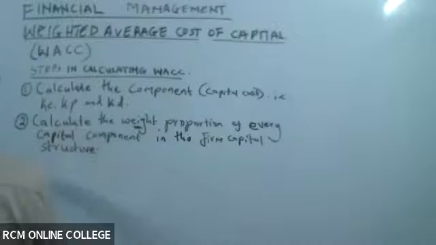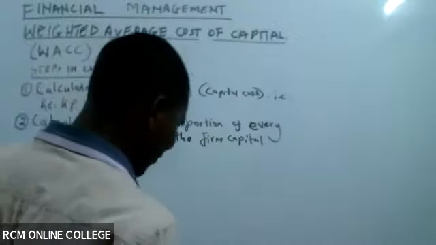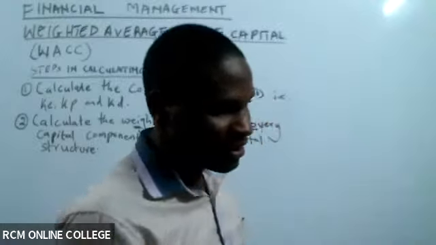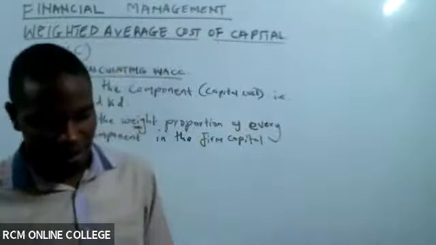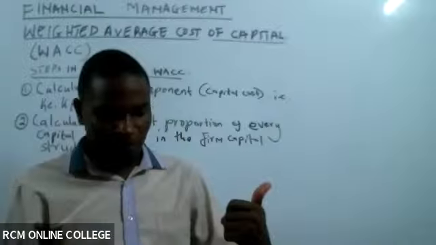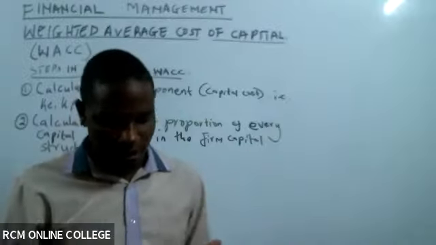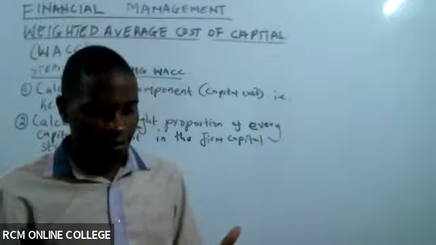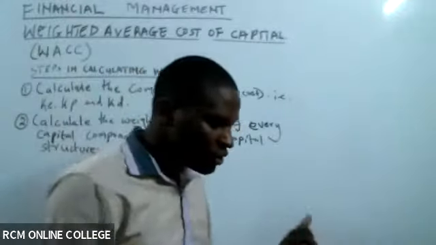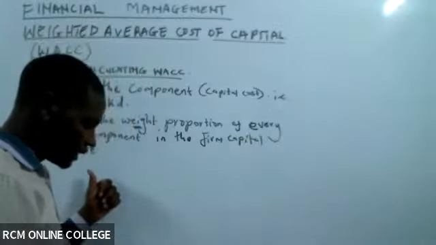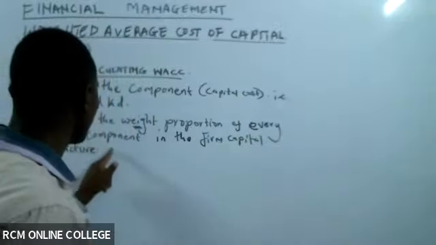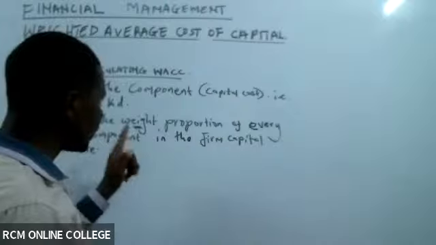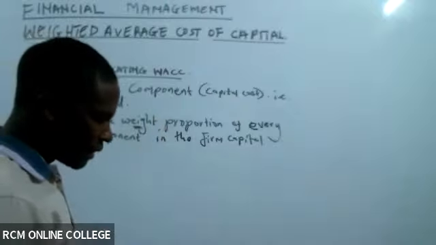That is very nice. Then before we go to step number 3, there are some things you need to understand here. Just write NB: we use the market weight. When calculating the weight, we use the market value.